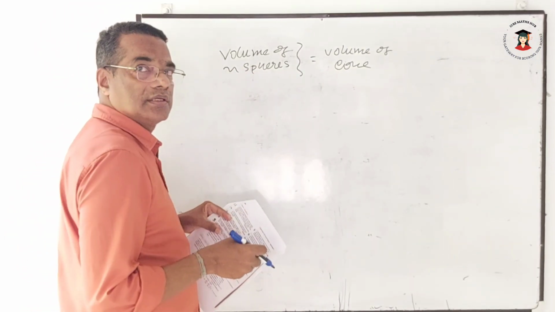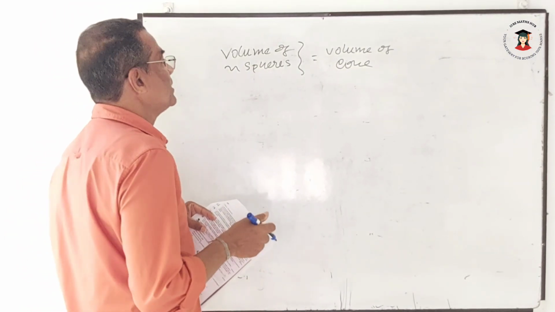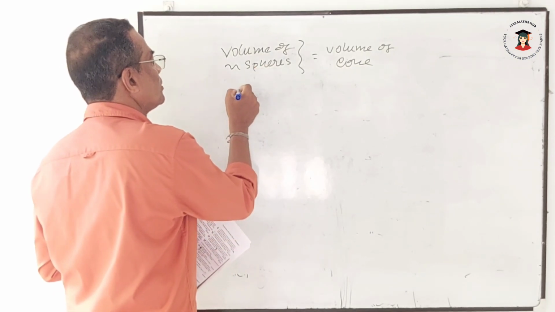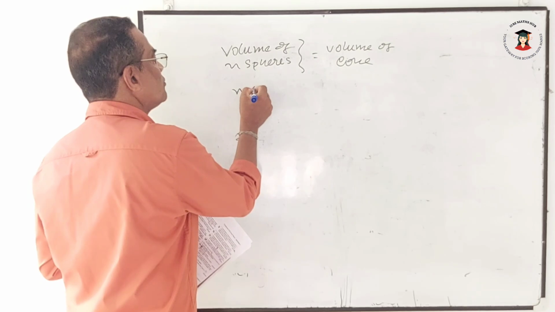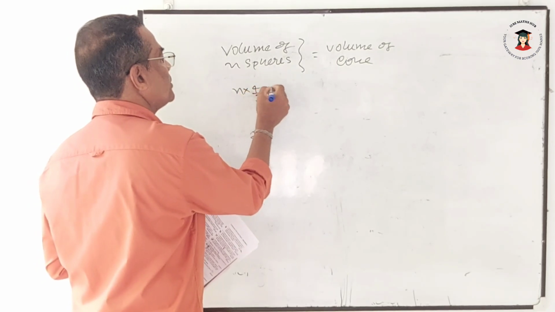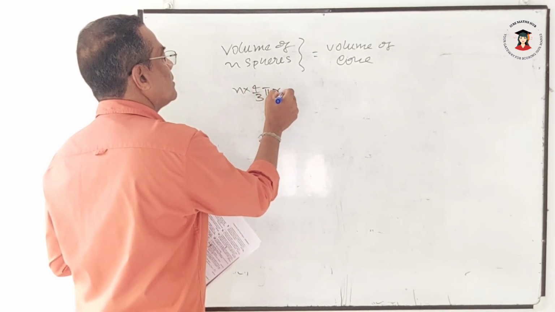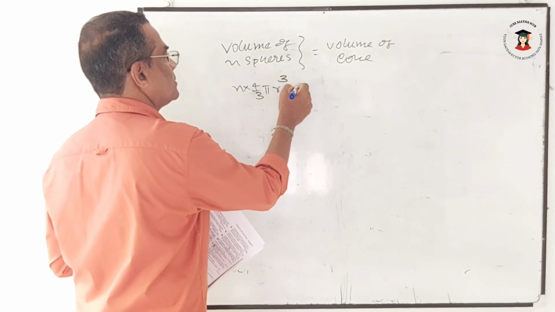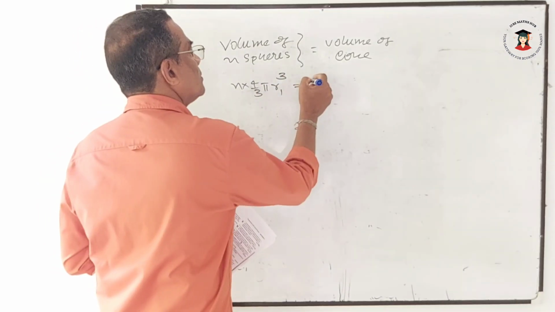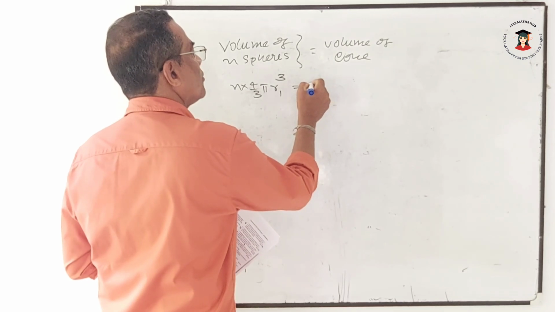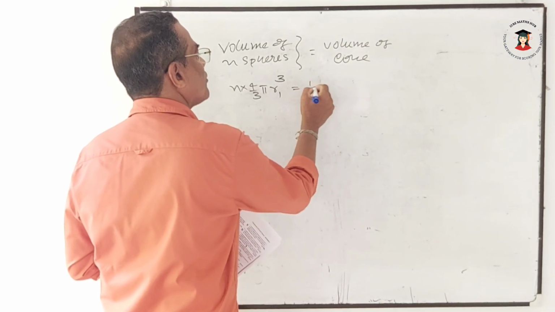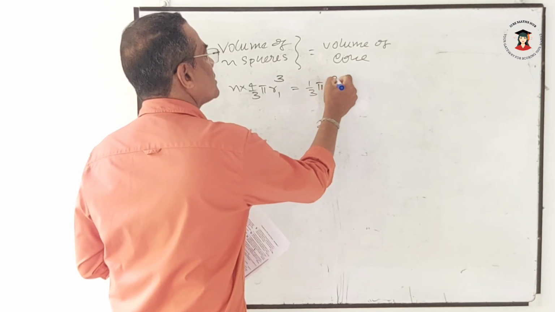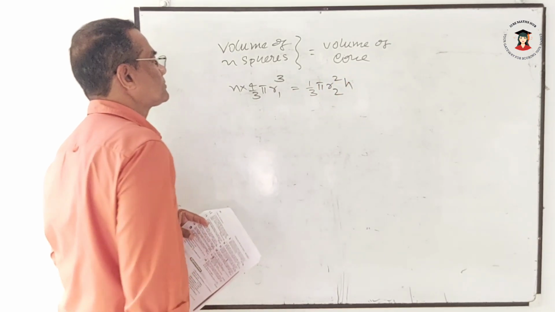Let the spheres be n numbers. So volume of n spheres will be equal to n into 4 by 3 pi r cube, equal to volume of cone, 1 by 3 pi r square h.